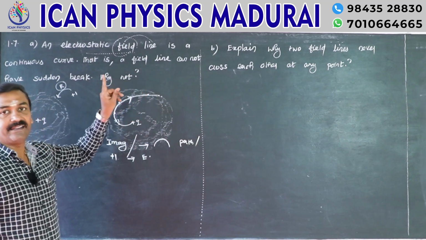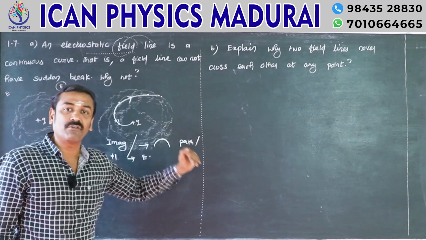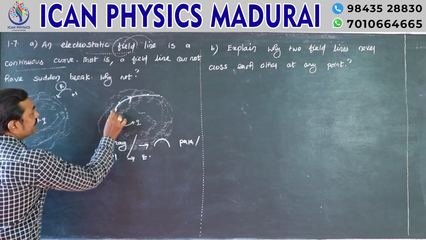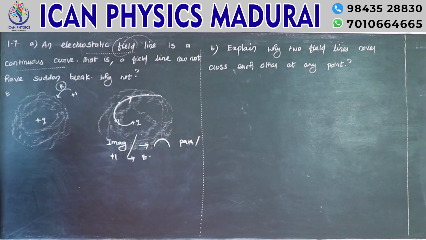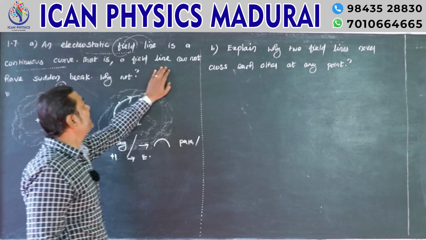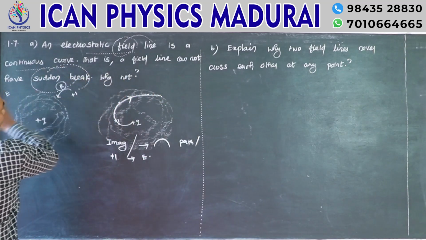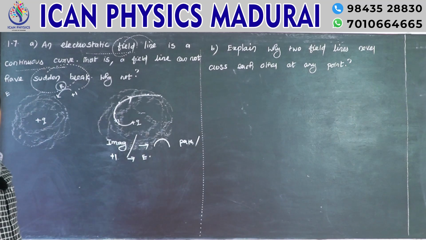Electrostatic field lines are lines of force. It is a continuous curve. So just see that it will be a continuous curve. That is, the field line cannot have a sudden break. It does not have a sudden break.